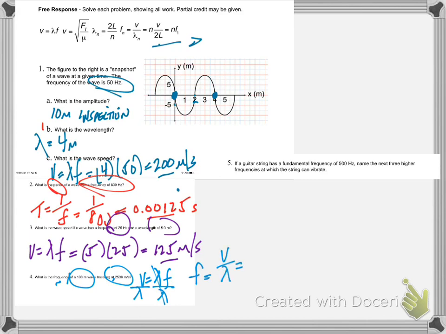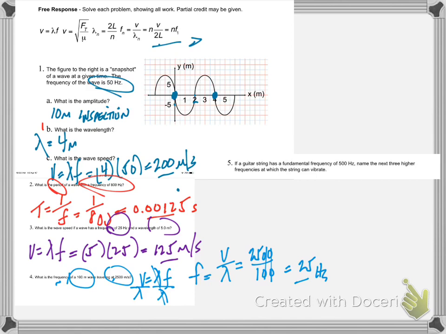Our velocity is 2,500 meters per second, and our wavelength is 100. We can cancel out some zeros, so it looks like it's going to be 25 divided by 1, which is 25. Hertz is the unit.